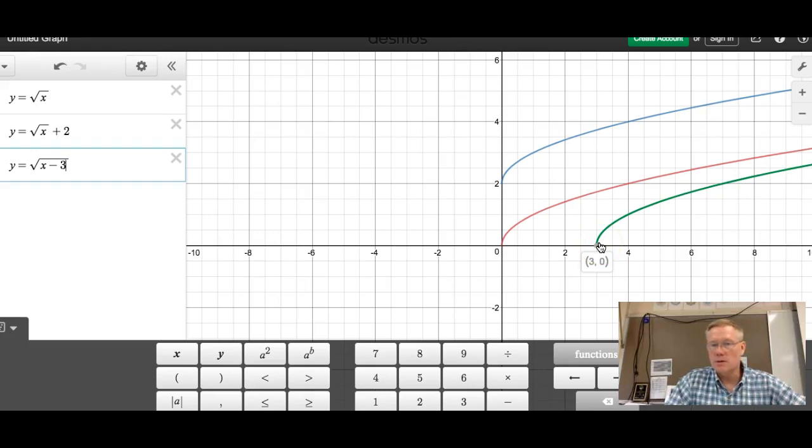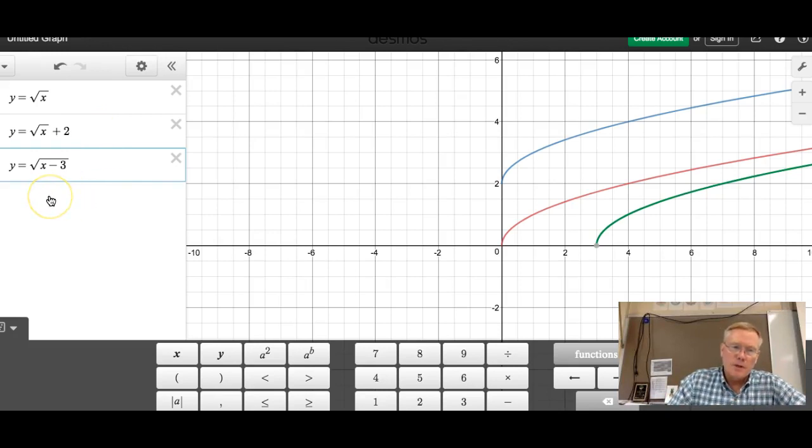It moves 3 units in the positive direction. Even though it's minus 3 over here, you'd expect it to go 3 units to the left, but the horizontal translation is opposite of what you'd think, just like with all the other translations we've done this year. The vertical one is exactly the way you'd think it was. Plus 2 moves it up 2, minus 3 outside of the radical moves it down. All right? So that's the basics with it.